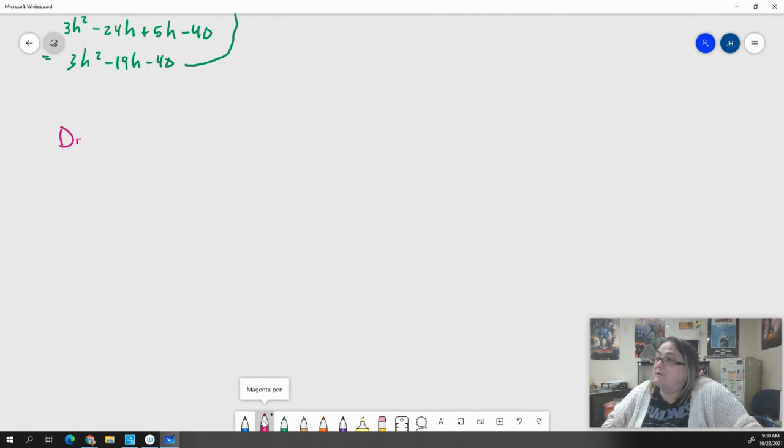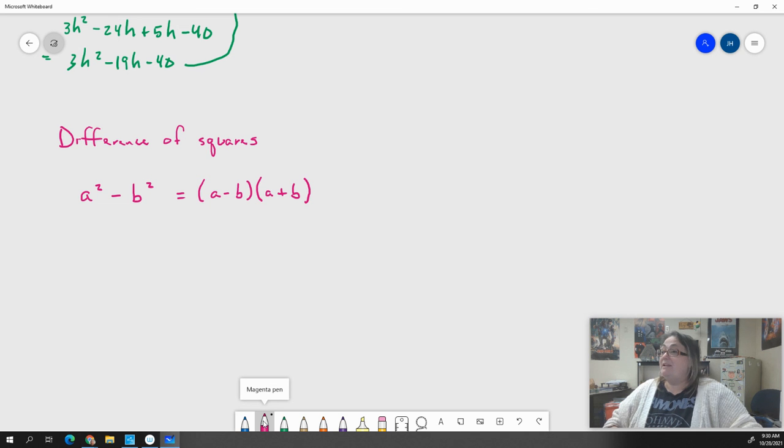The difference of squares basically says that if I have a perfect square, say we'll call it a squared, minus another perfect square, its factors are going to be the square root of the first one minus the square root of the second one times the square root of the first one plus the square root of the second one. It only works when this is a perfect square and this is a perfect square and they're being subtracted.